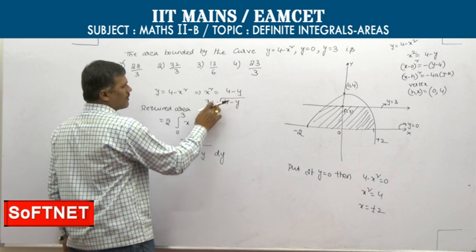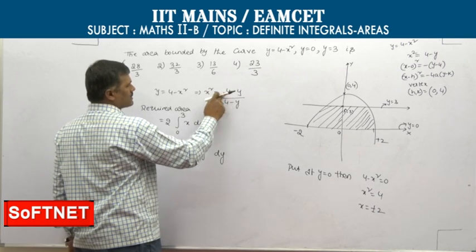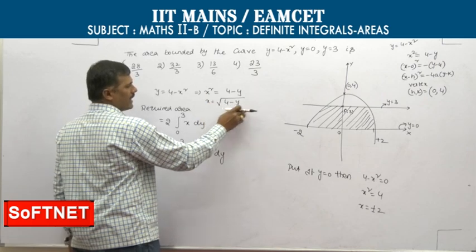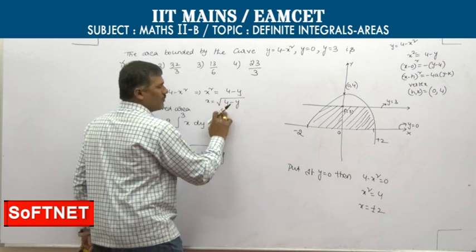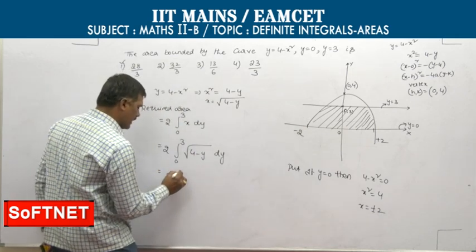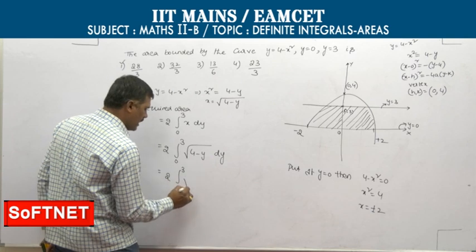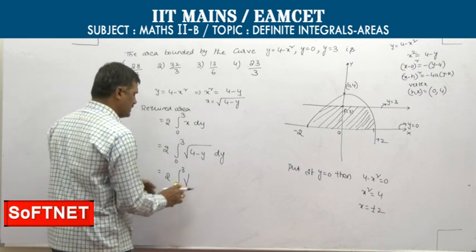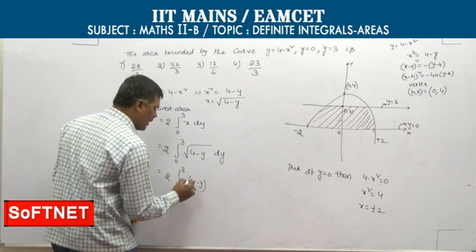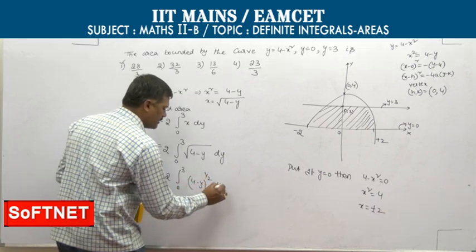From the given curve x square equals 4 minus y, x is actually plus or minus, but we can take the positive root of 4 minus y. That equals 2 into the integral of 0 to 3 of under root 4 minus y, which we can write as 4 minus y whole power 1 by 2 into dy.